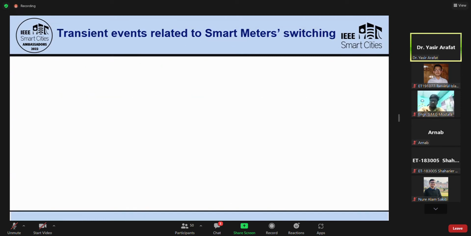We also installed some power quality meters, which monitored the power quality events. To monitor the power quality events, we used standard limits. When a power quality event was identified, the waveform data of the voltage and current was recorded at 12.8 kilohertz sampling frequency for the triggered events.